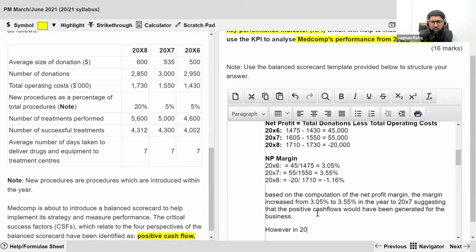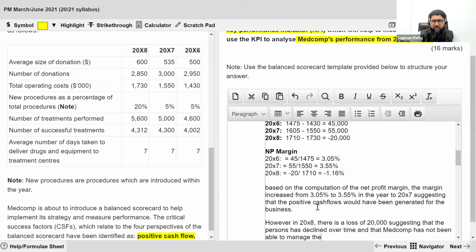However, in 2000x8 there is a loss of 20,000, suggesting that the performance has declined over time and that Medcomp has not been able to manage the cash well.